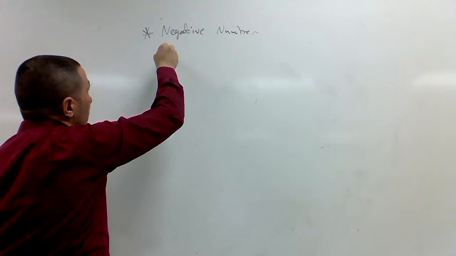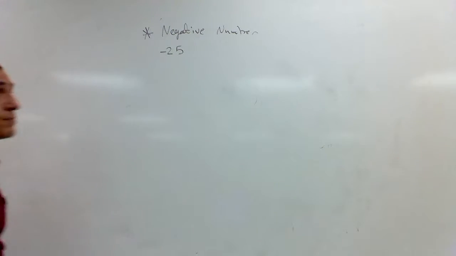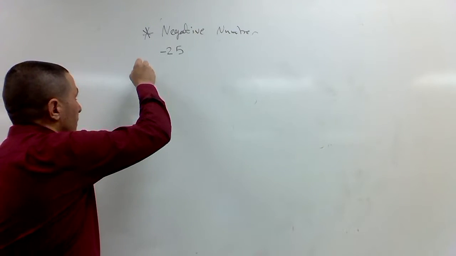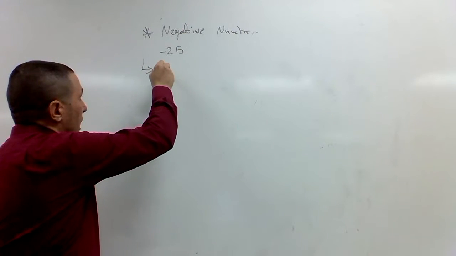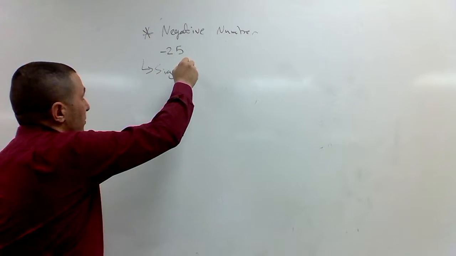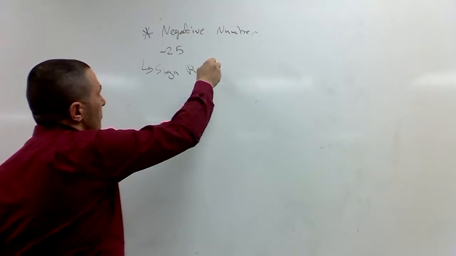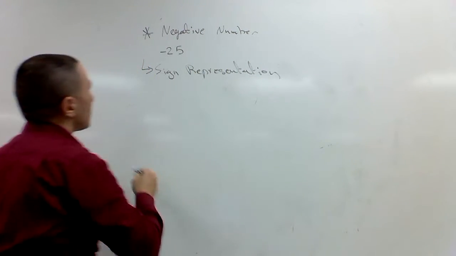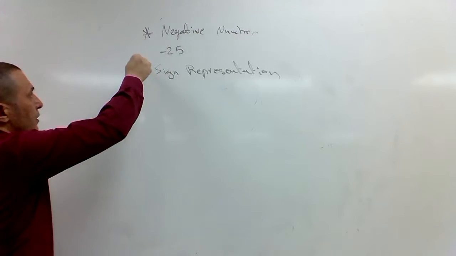Example, negative 25. This is in decimal, our language. There are 3 ways. Let's number them 1, 2, 3.